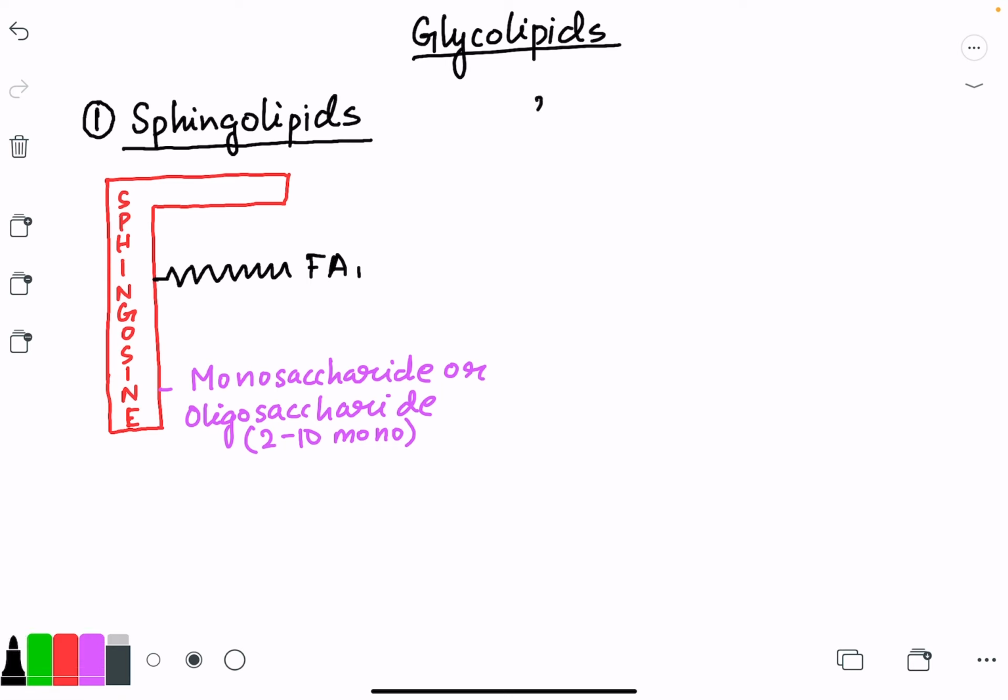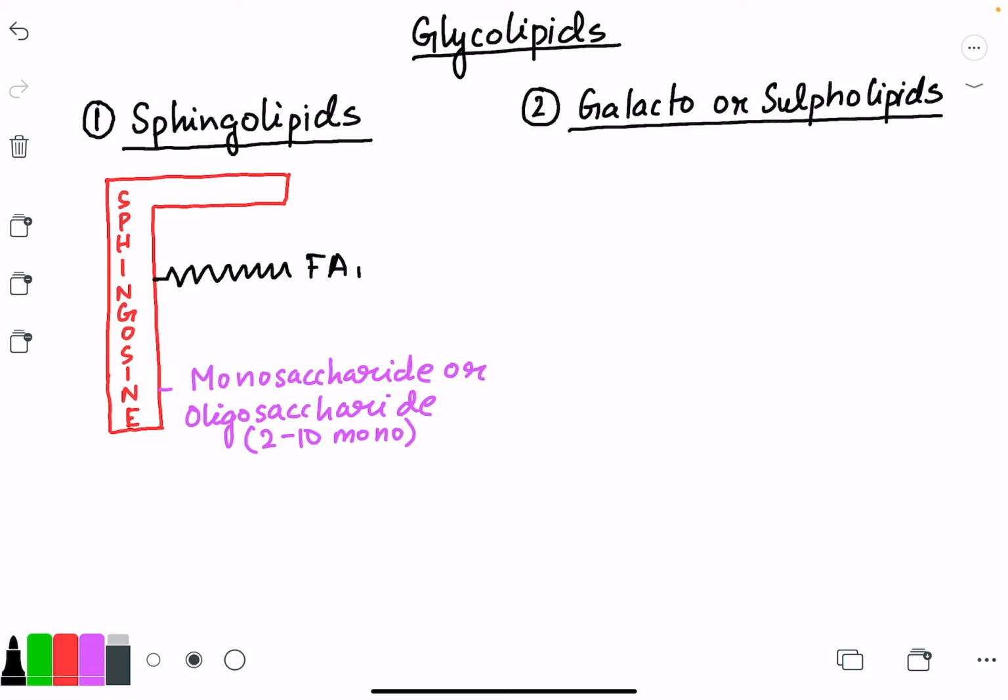The second part in glycolipids is galacto or sulfolipids. Galacto or sulfolipids.